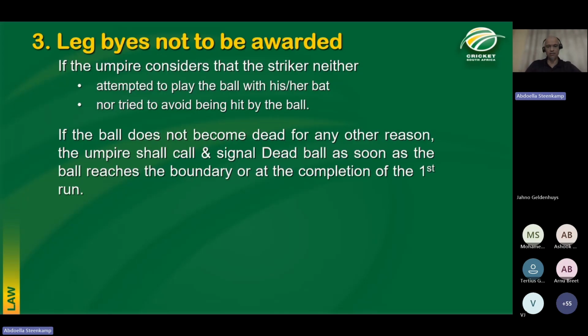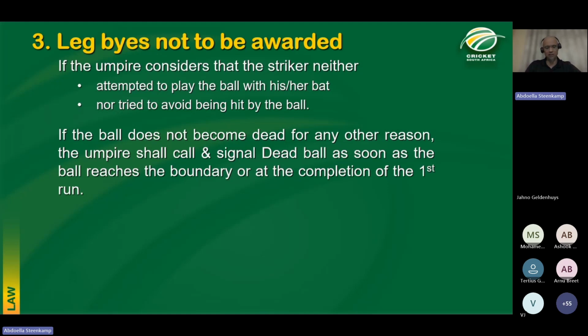And how do you intervene? By calling and signaling dead ball. So why do you intervene only once they've completed the first run? The law allows the fielding side an opportunity to run out either of these batters.